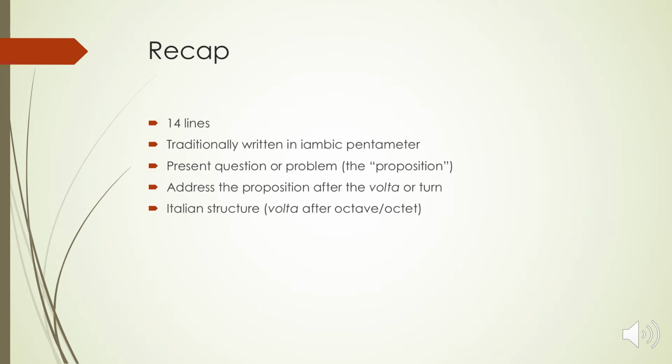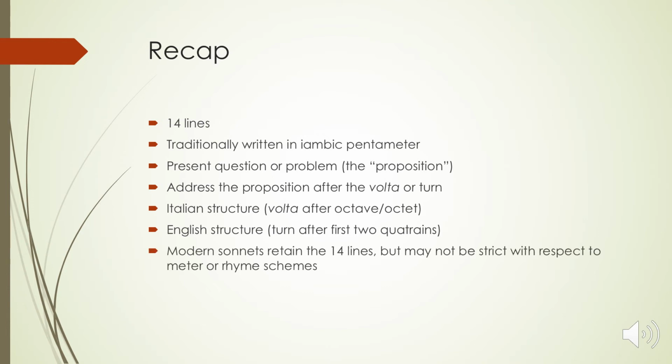The Italian structure consists of the octave and then the volta, which occurs after the octave or octet, and then a sestet. The English structure consists of 3 quatrains and a couplet, and the turn typically occurs at the 8th or 9th line, or after the first 2 quatrains.